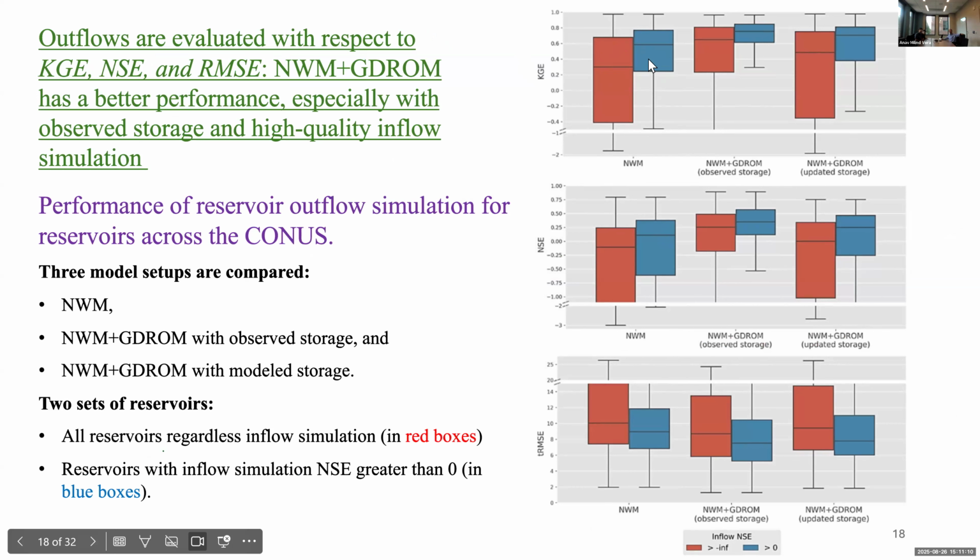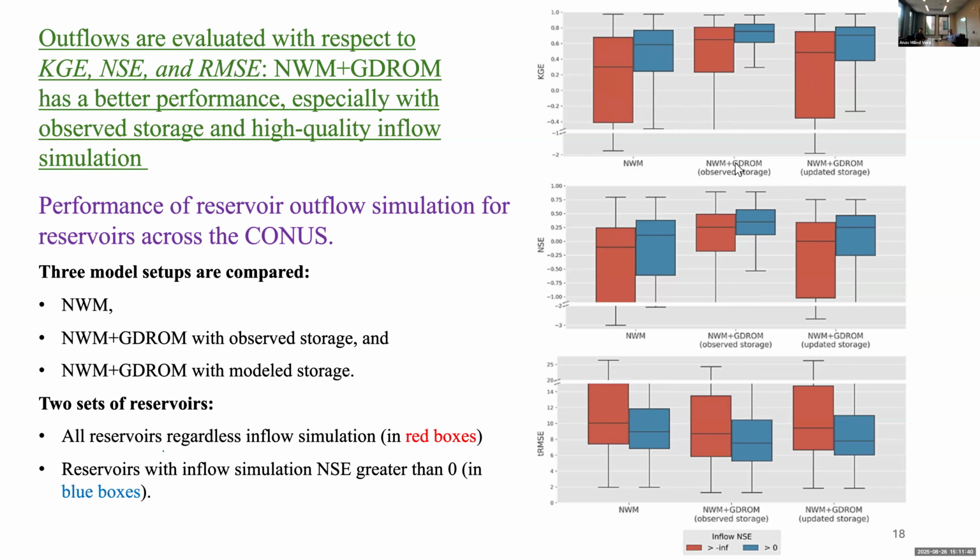The other one is we only consider the more reasonable inflow simulation, represented by the red part. As you can see, the KGE value is significantly higher than the overall cases because the inflow is much more improved. By the way, here we compare the KGE with the reservoir outflow.